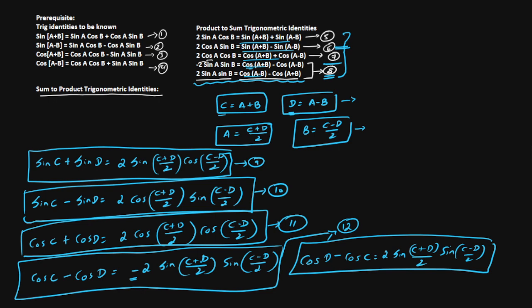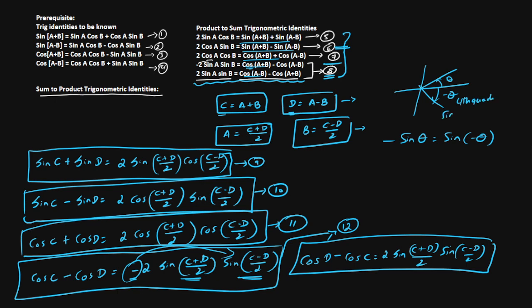So cos C minus cos D equals minus 2 sin C plus D by 2 sin C minus D by 2. Let's say I don't want to see this minus here, so I want to carry this inside. Is it possible? Yes, because if you look at minus sin theta, can I write it as sin of minus theta? Yes, because if you have minus theta, which is in the fourth quadrant, sin of minus theta equals minus sin theta.